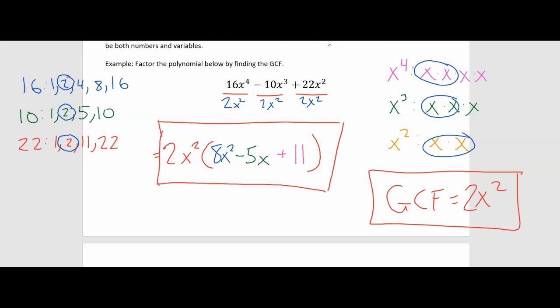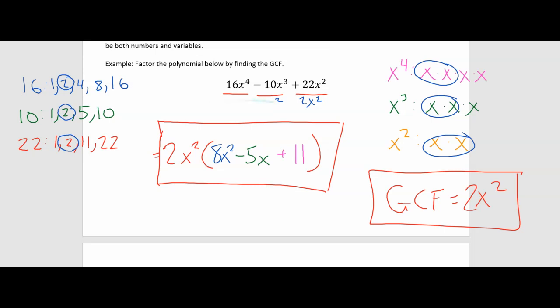Again, think of factoring as dividing out or pulling out the GCF from all three of those terms and figuring out what's left. What's left is going to go inside of those parentheses. Now, you may think, well, how do I know this is correct?